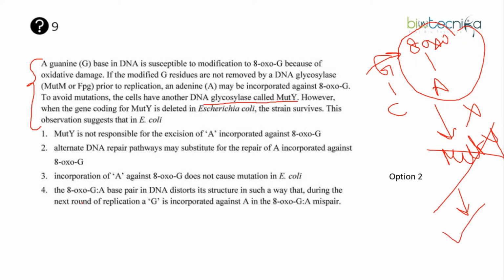That means there must be some alternate DNA repair pathway which has substituted for the repair of A incorporated against 8-oxo guanosine. So this got incorporated, but this adenine got substituted by another repair mechanism, as we know that there is more than one repair mechanism existing in the cell. Okay?